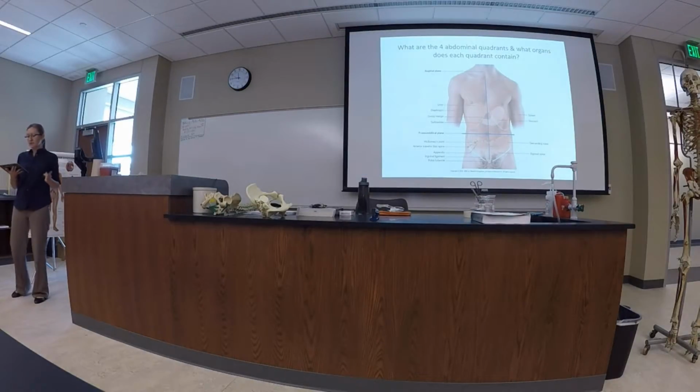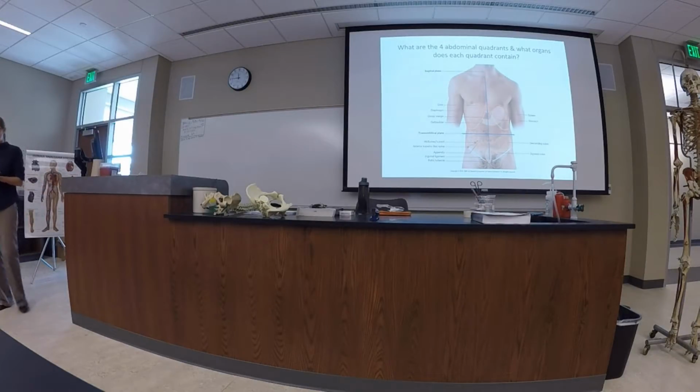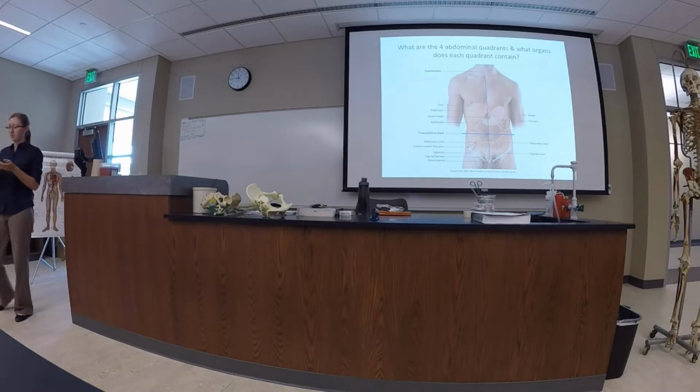Here's just a surface image showing some of those organs in each of the quadrants. Again, showing that the 2 planes intersect at the umbilicus, the belly button. So again, make sure that you can tell where these structures are in relation to the 4 quadrants.